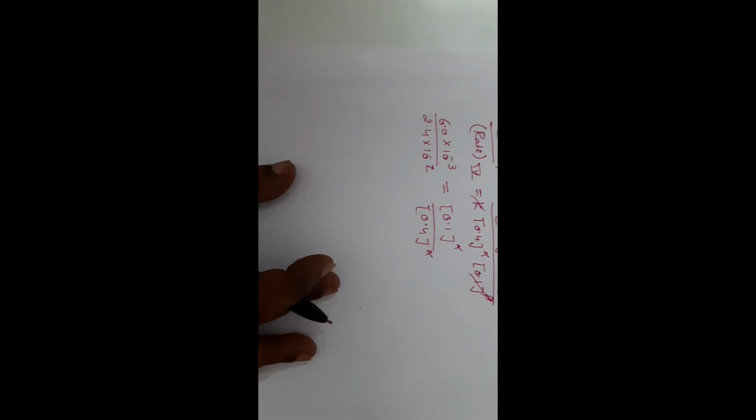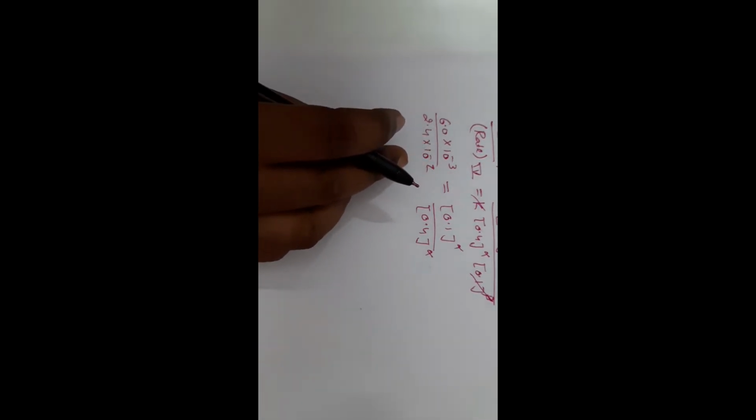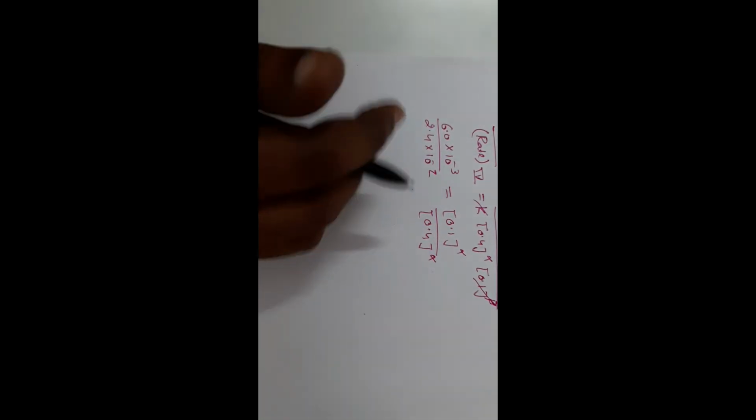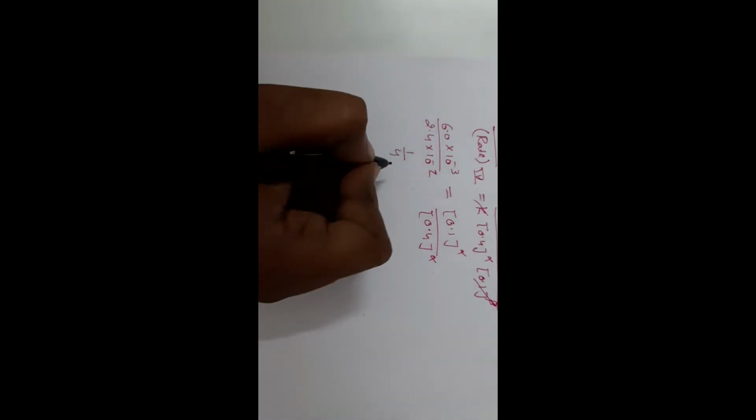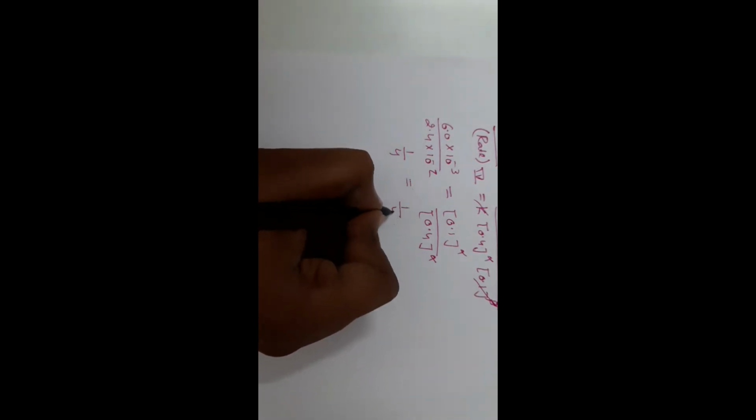Now we have to solve this one. After solving this, 6.0 upon 2.4, what are we getting? Here we are getting 1 by 4, and this is also 1 by 4 raised to power alpha.